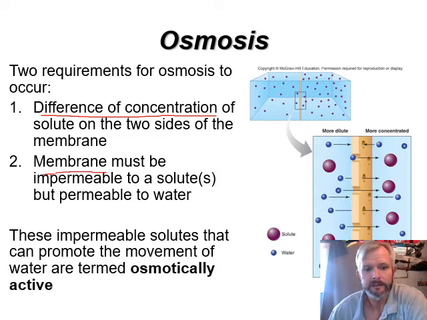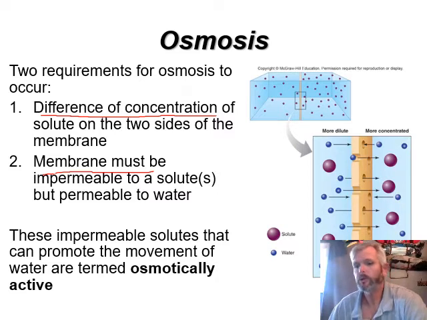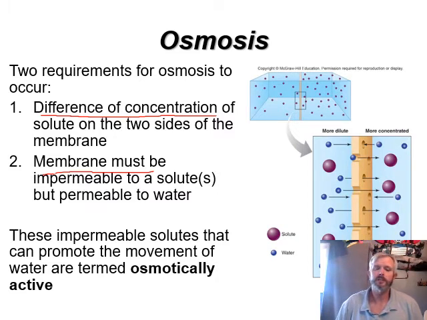The membrane must be impermeable to some solutes, but permeable to water. Impermeable, or the other term used, non-penetrating, means not able to penetrate the membrane. So you have to have one side that has more non-penetrating solutes than the other side to get osmosis to take place.